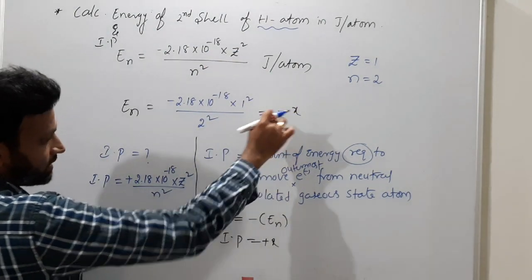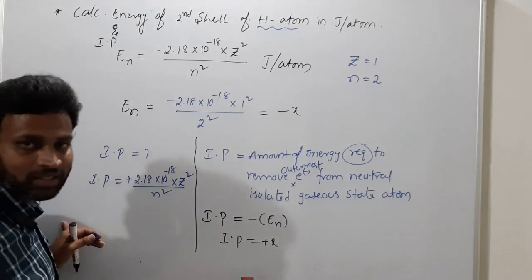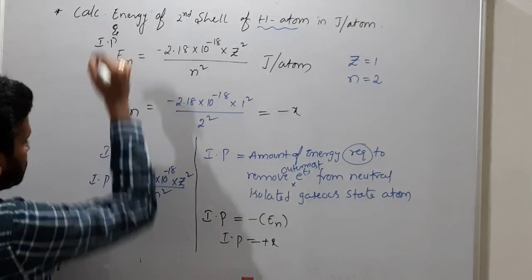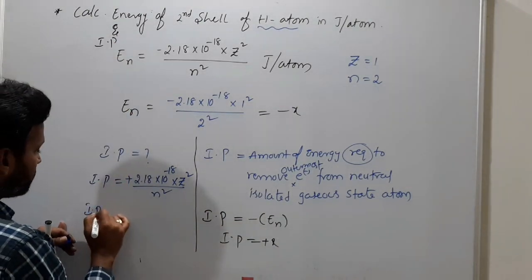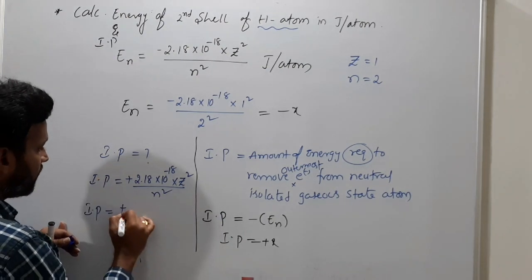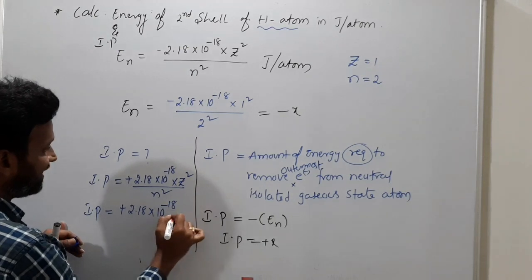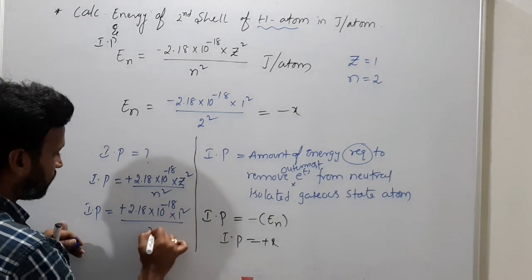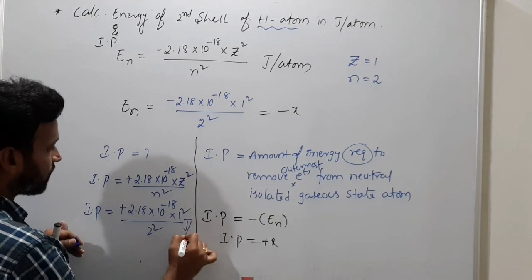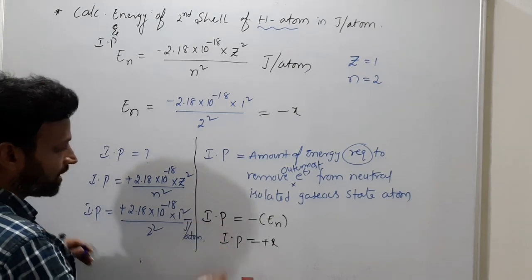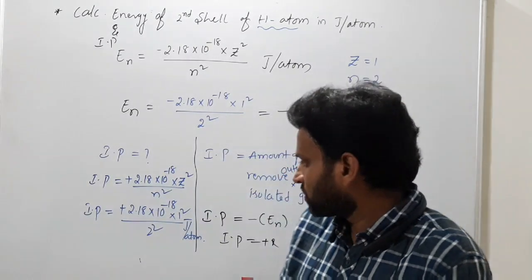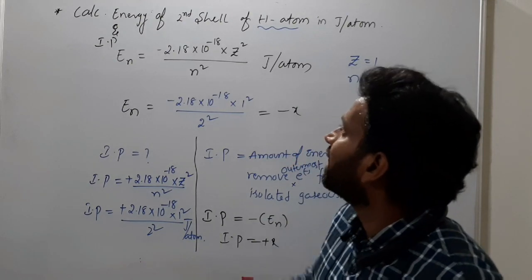If you get minus x, here you get plus x. That's it. So for this numerical, what is ionization potential? It's plus 2.18 into 10 power minus 18 into 1 square by 2 square joule per atom. That's it. This is the energy of nth orbit.